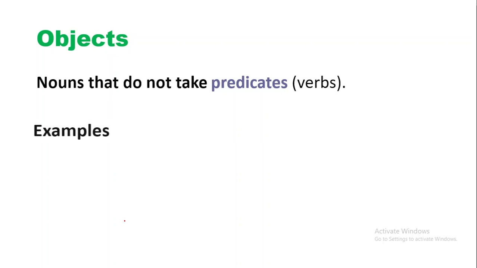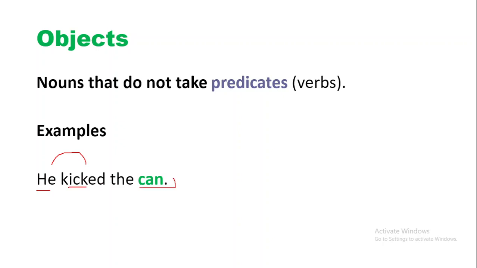That is the basic difference between the subject and the object. For example, when we say he kicked the can, he is the subject here, and for this we require a verb. Whereas the can, it can be a Pepsi can or a Coca-Cola can, whatever. Now this can is also a noun, but it does not require any verb. So that is basically the object of the sentence.